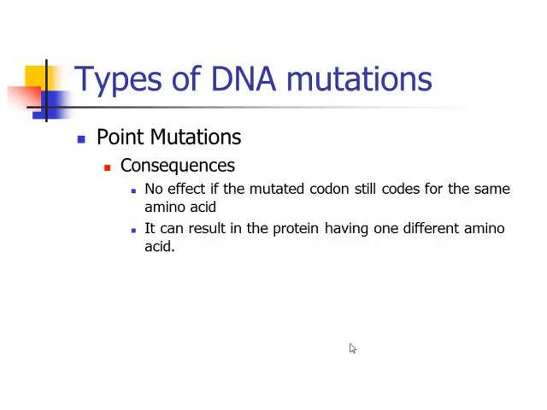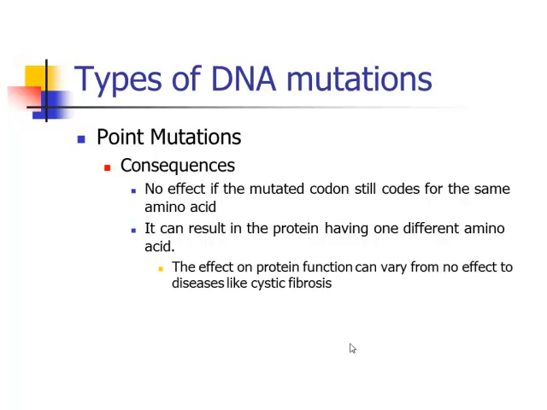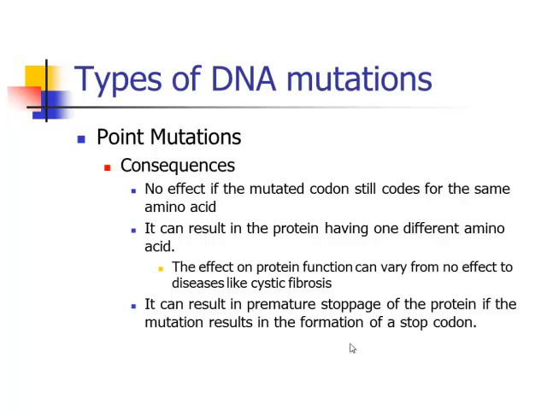We could have one amino acid that gets changed, which may alter the function of that protein just a little bit, or in some bad cases, this point mutation causes a premature stop codon, so our protein will never be able to work. Or in some rare cases, that stop codon gets mutated to another codon and our protein never stops. So that's one type of mutation, the point mutation, where we are just changing one base, one nucleotide.